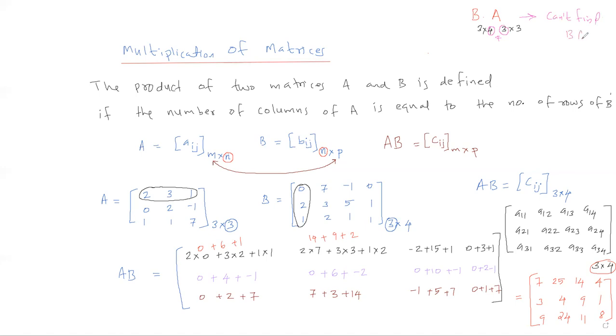That means these two matrices cannot be multiplied. We can't multiply B with A.